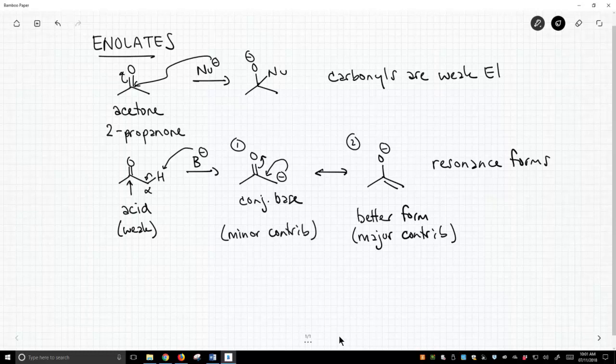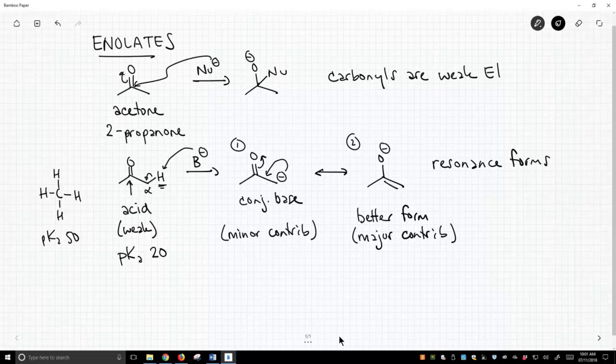So in fact, this hydrogen, alpha to our carbonyl, has a pKa of about 20. Now that's not very acidic, don't get me wrong, but it's not as non-acidic as something like methane that has a pKa of 50.